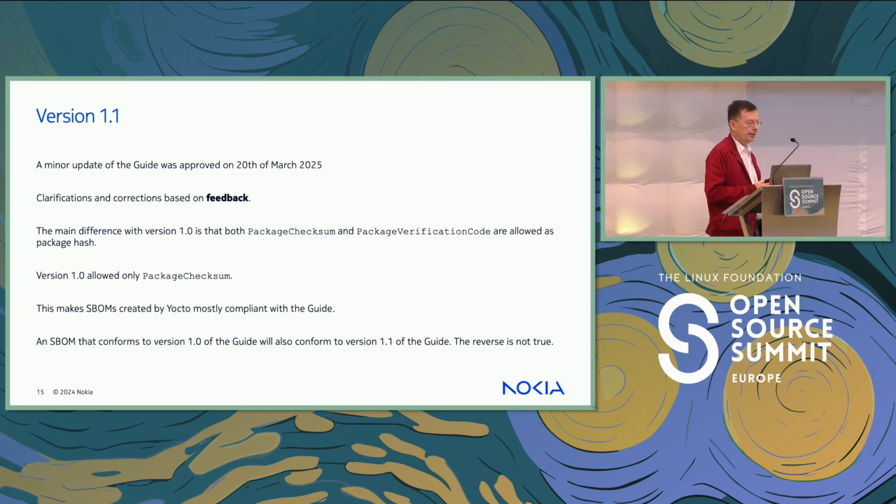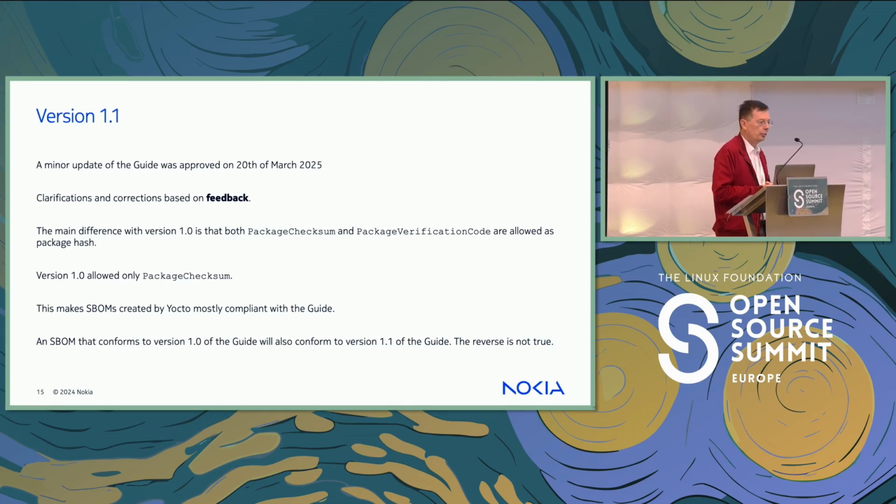So this makes SBOMs created by Yocto mostly compliant with the guide. Some of the SPDX files are not fully compliant for stupid reasons. In the Linux kernel, they still use obsolete identifiers for the GPL licenses, so Yocto imports these, but still Yocto now produces mostly compatible SBOMs with our guide.